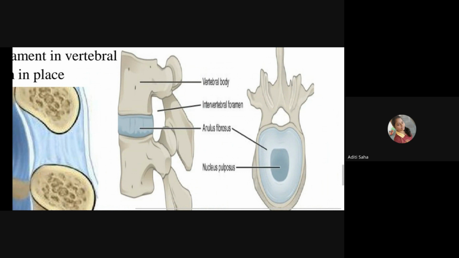So the intervertebral disc is made up of these two. In the middle we find the nucleus pulposus, a jelly-like structure, and the surrounding is made up of annulus fibrosus, a fibrocartilage. And here you can see the intervertebral foramen through which the spinal nerves pass, and the vertebral body. Okay, go to the next.